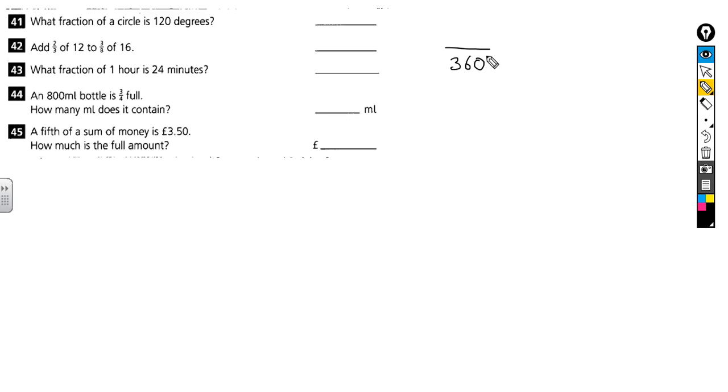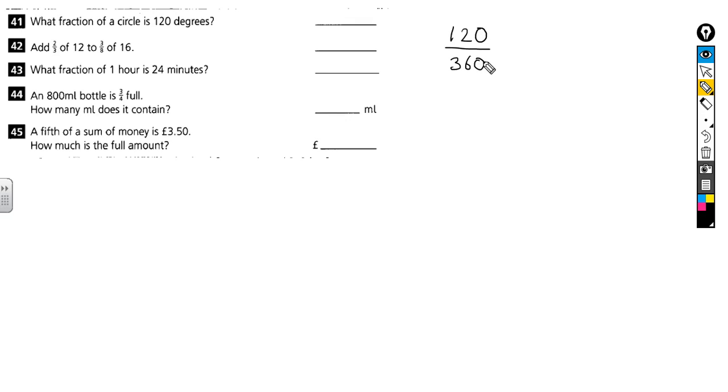So it should be something that you know. That's 360 degrees, and we've got 120 of them. Okay, so as it stands, this is a fraction, 120 over 360. Okay, but what do we do to fractions? Well, we like to simplify them.